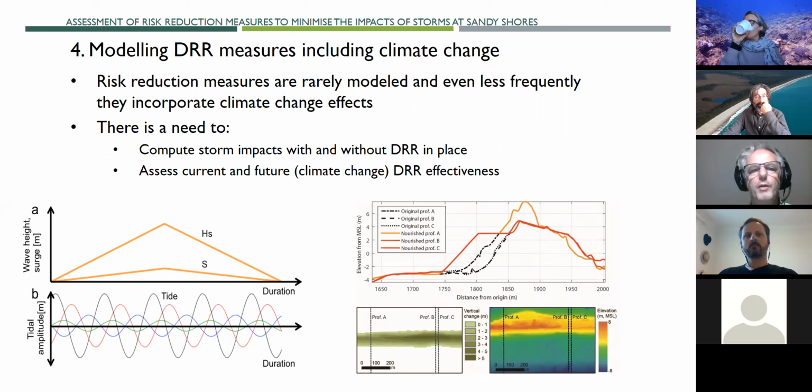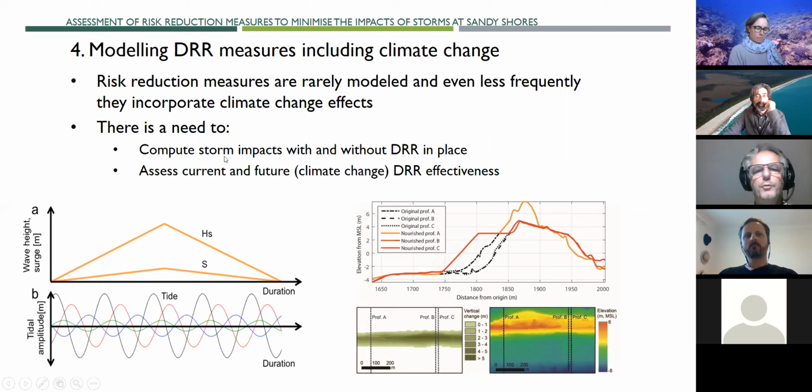We have the production of models in several places, we have the test of models in several places, and then only rarely do we have the testing of the potential measures also incorporated in the model in order to predict what can happen in the future. So we need to increase that, and we also need to increase the climate change effects on those modelings and on the behavior of these measures.